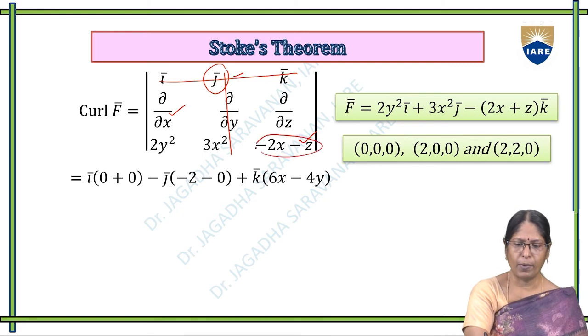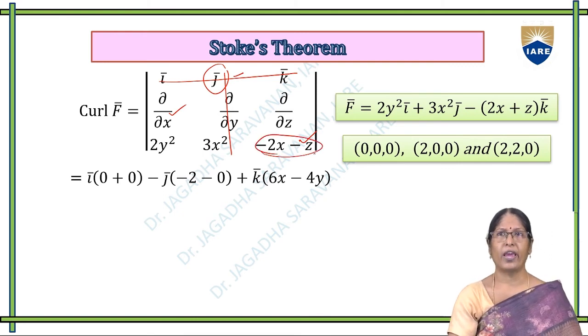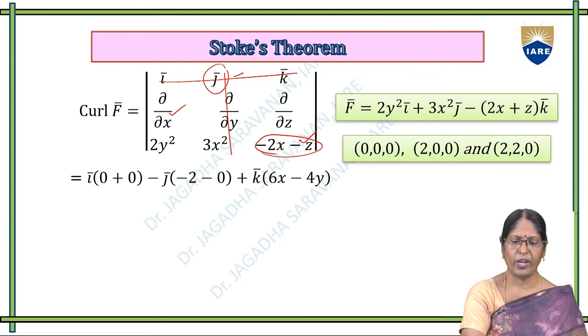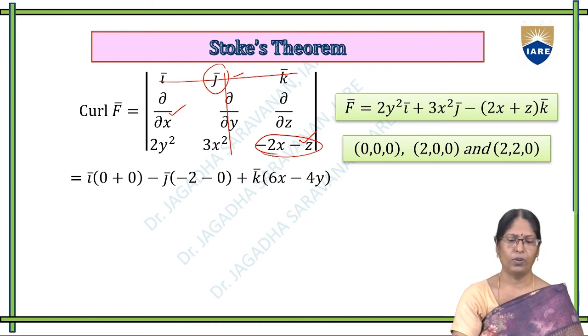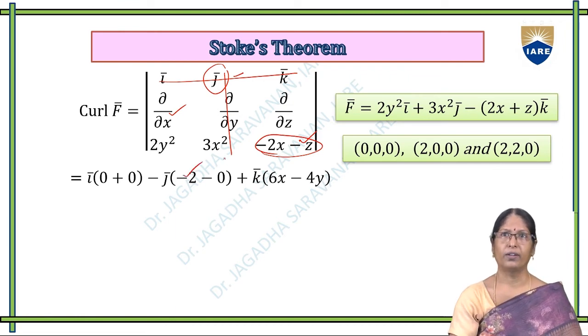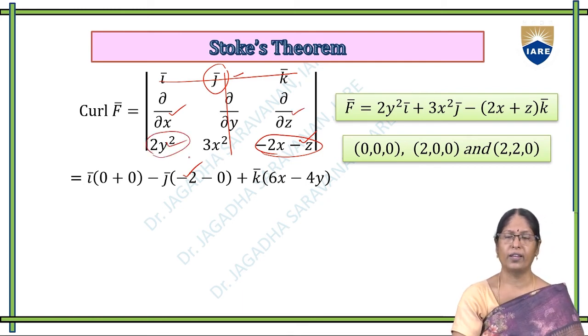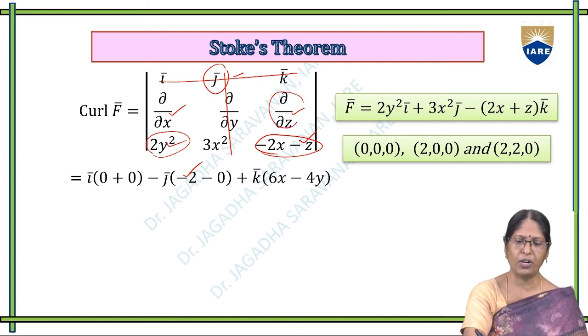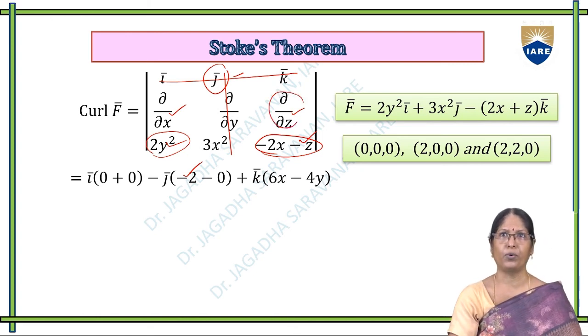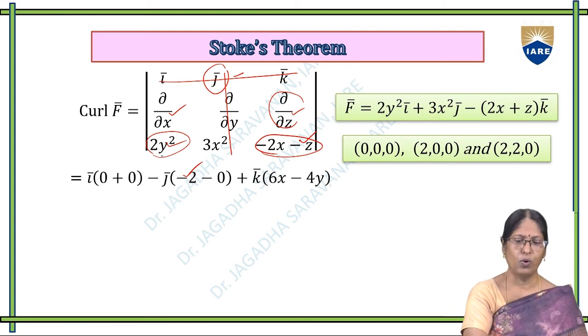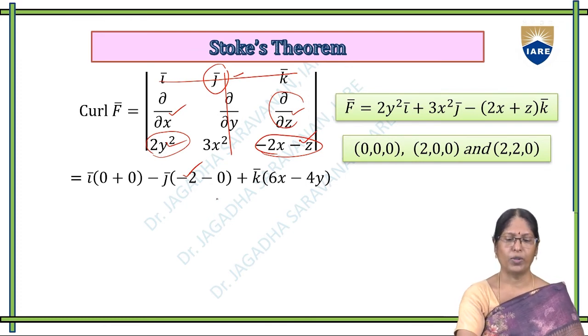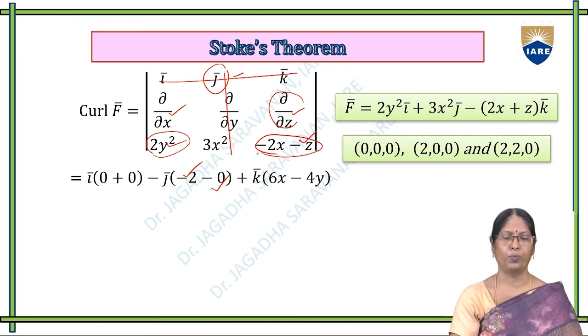In this particular one, where is the x variable? The x variable is in -2x, so we put the tick. And these two are to be done. But here 2y square is there, and we have to differentiate partially with respect to z. But there is no z term at all, so it has become 0.